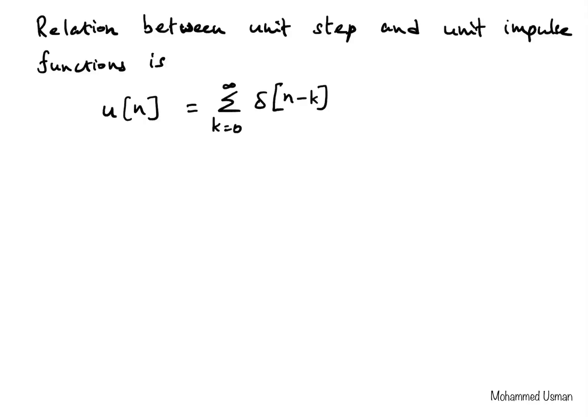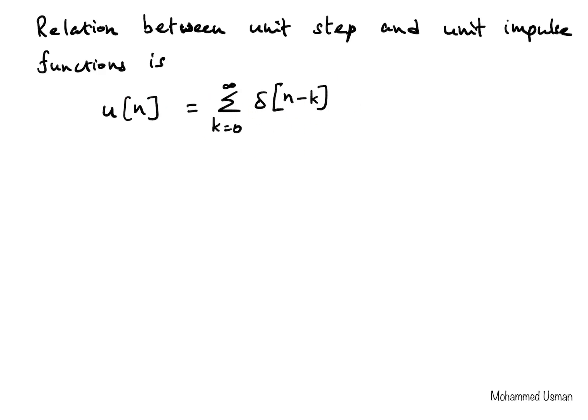If you recall, we did this in lecture number 8, so look at the video of lecture number 8. The relationship is that the unit step function is a summation of shifted impulses, right?